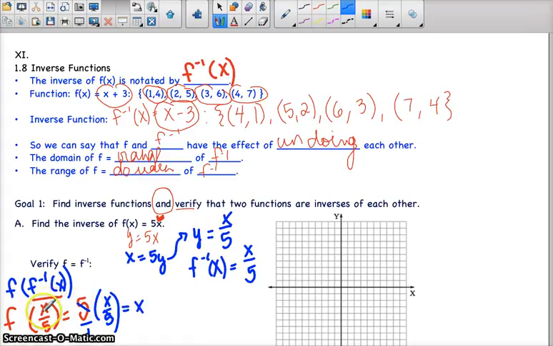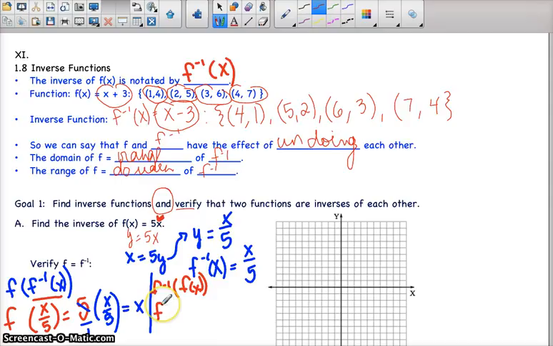When you have the composition of f inverse into f, if that reduces to x, then you have undone the function. Now, not only should we test f of f inverse, we should also test f inverse of f of x.